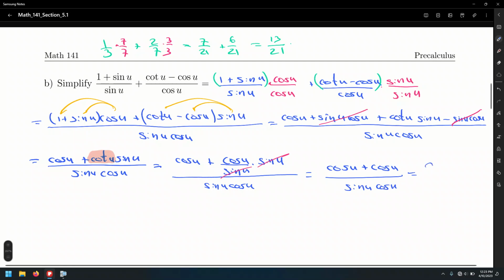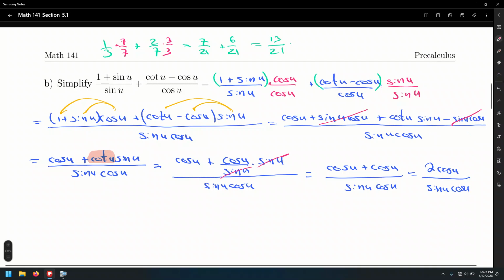That'll add up to 2 cosines in the numerator, and in the denominator that's a sine u cosine u. Now, this looks already a lot better than actually having to split up the two fractions.